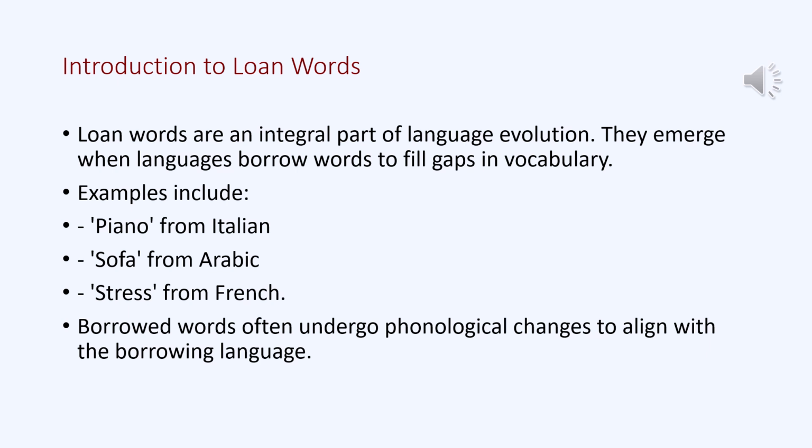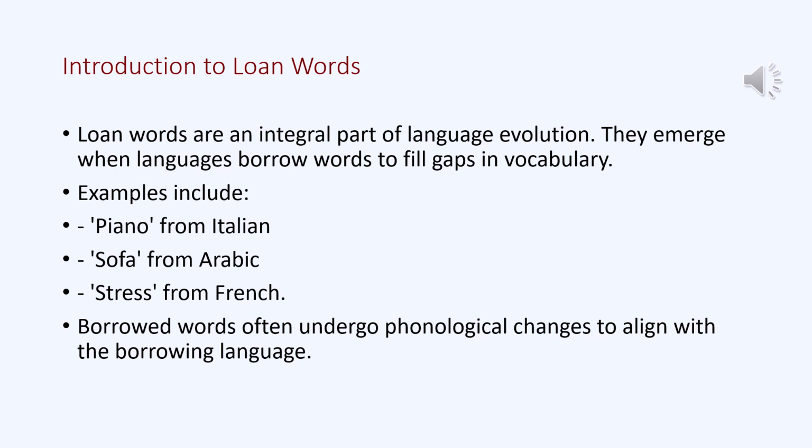And as you see, we borrow the word as it is, with the same spelling and almost the same pronunciation, but sometimes there are adaptations that take place in the pronunciation, and that's actually what we're going to discuss. These adaptations take place just to familiarize the word with the target language that we're taking the word into.